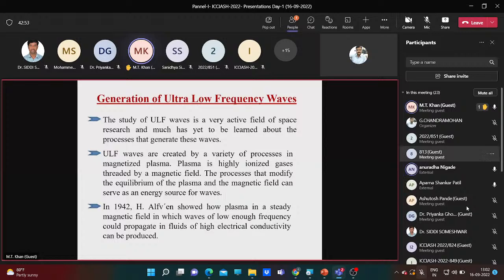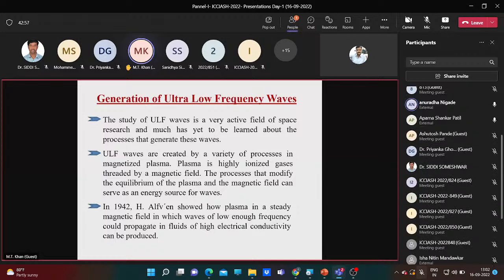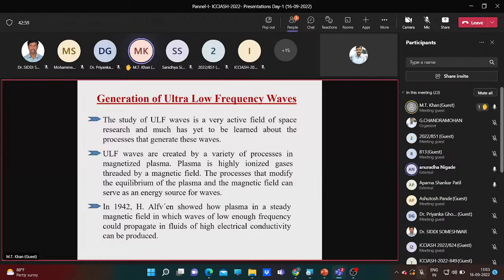ULF waves are created by a variety of processes in magnetized plasma. Plasma is a highly ionized gas threaded by the magnetic field. The processes that modify the equilibrium of the plasma and the magnetic field can serve as an energy source of waves. In 1942, H. Alfvén showed how waves of low enough frequency could propagate in fluids of high electrical conductivity.